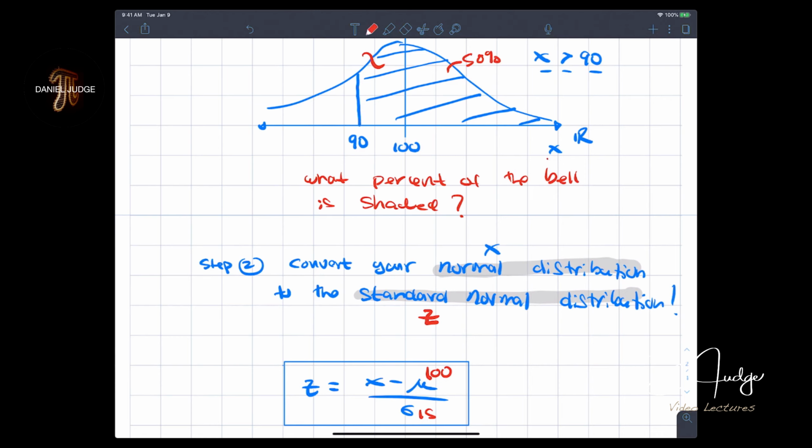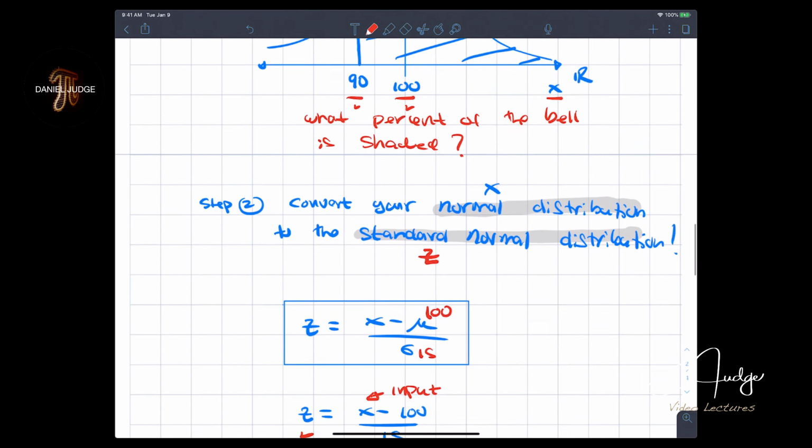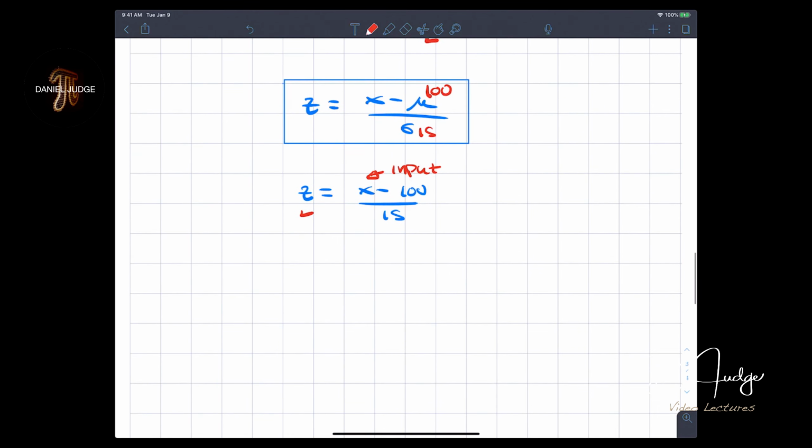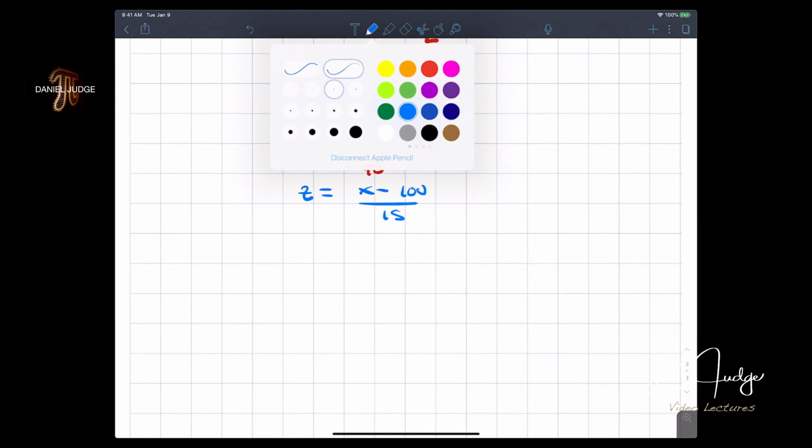This is the normal distribution. These represent IQ scores. This is an IQ score of 90 right here, IQ score of 100, the mean. These are the x values that I have to convert. So I'm going to convert 90. I'm going to input 90 for x. Let's see what 90 becomes as a z value.